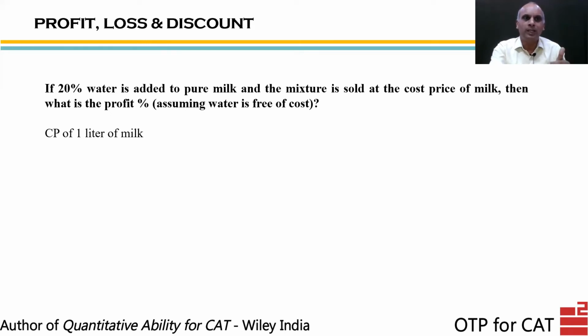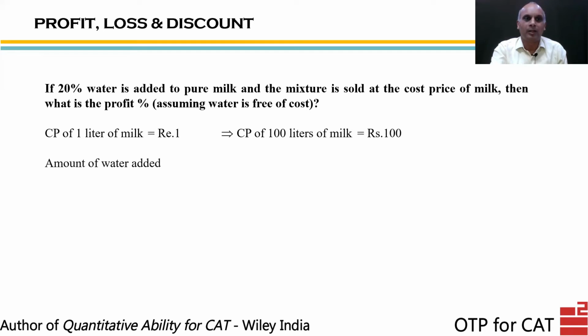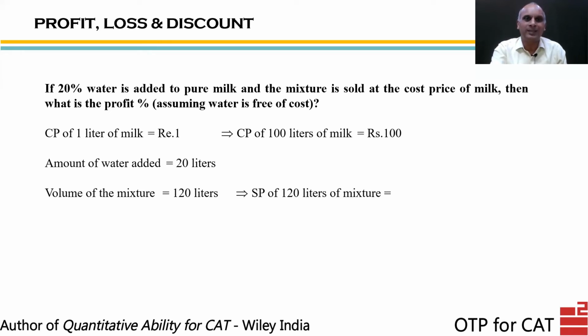Now let us assume that CP of 1 liter of milk is rupee 1, and therefore CP of 100 liters of milk will be 100 rupees. Since amount of water added is 20 liters, the volume becomes 120 liters. And then I will say that the SP of 120 liters of the mixture will be how much? Notice that in the second part of the above line, it says mixture is sold at the cost price of milk.